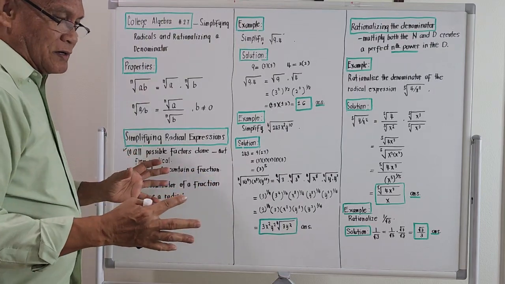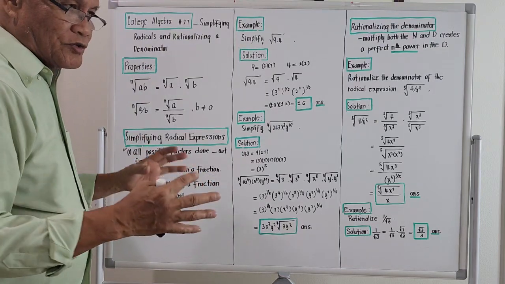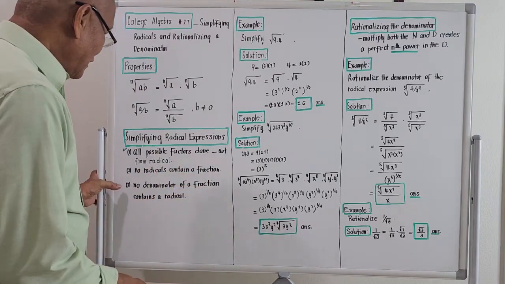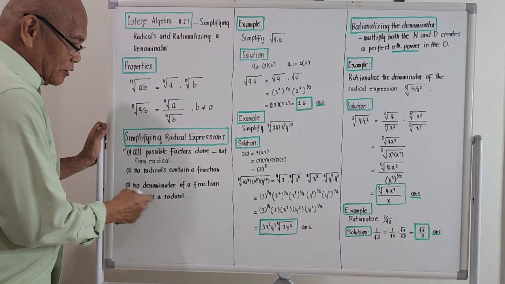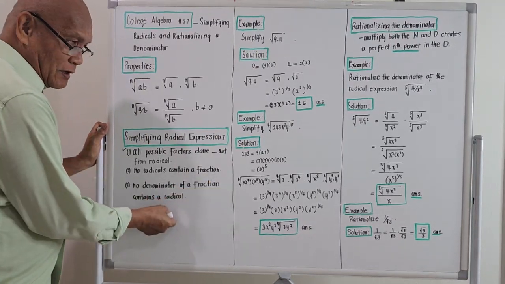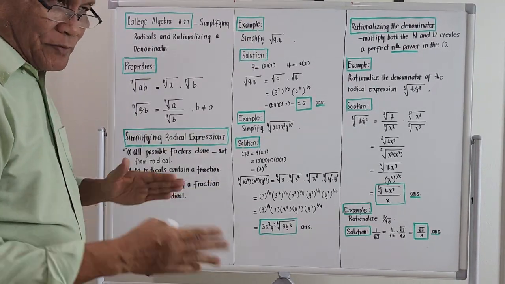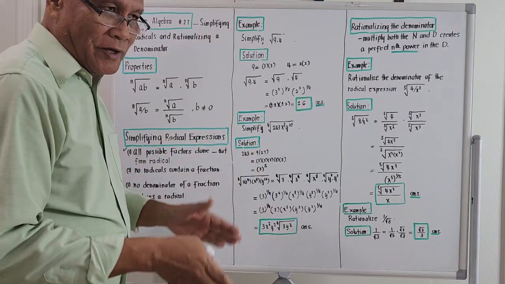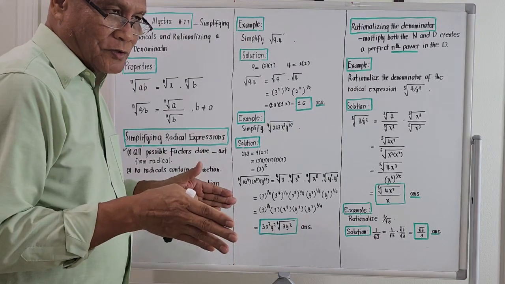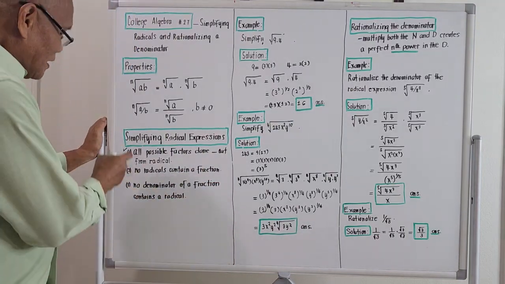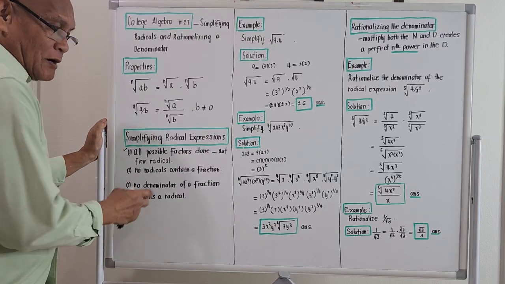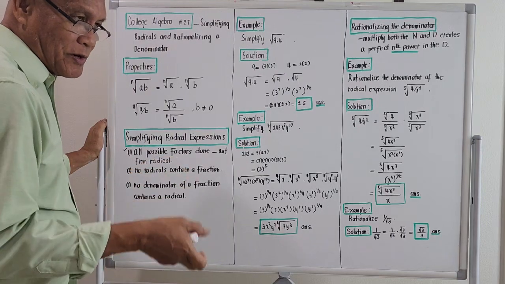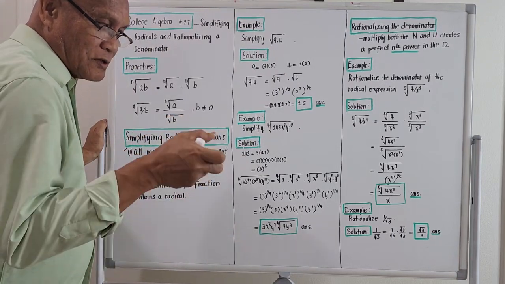If there are still radicals, they should not contain a fraction for it to be in the simplest form. And number three, no denominator of a fraction contains a radical. Meaning, if there is a fraction, on that fraction there should be no radical sign for it to be considered in the simplest form. So we must satisfy these three conditions for us to say that the given expression is already expressed in the simplest form.